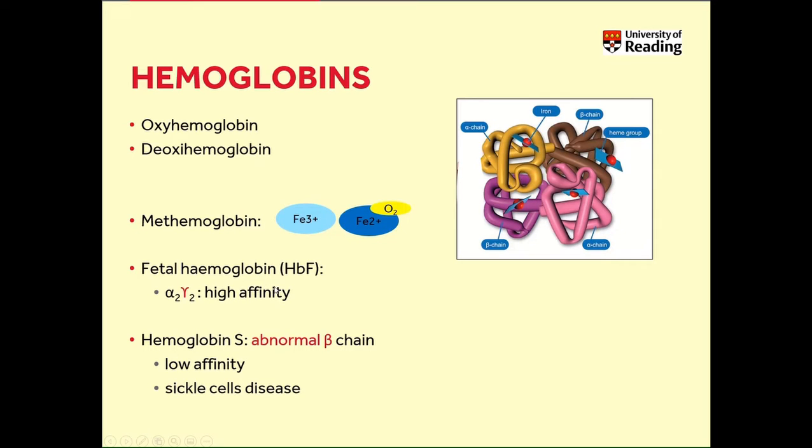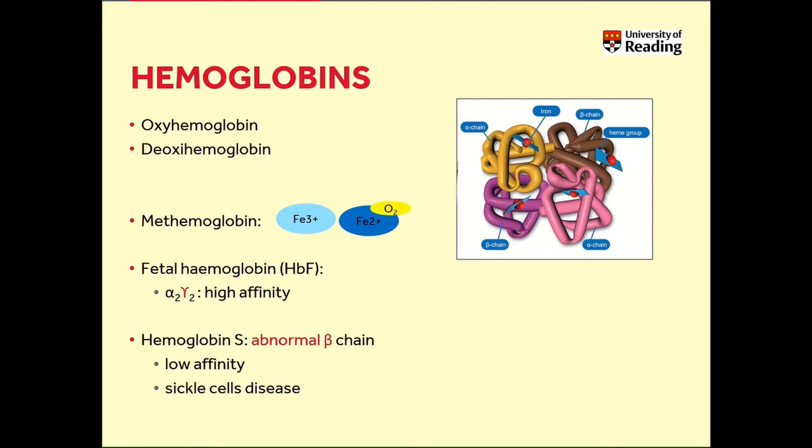Another type of hemoglobin is the fetal hemoglobin, where the beta chain is substituted with a gamma chain, which has a higher affinity for oxygen compared to the regular hemoglobin.